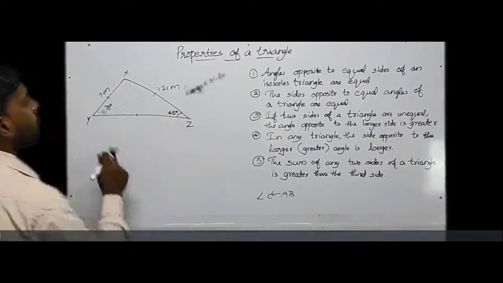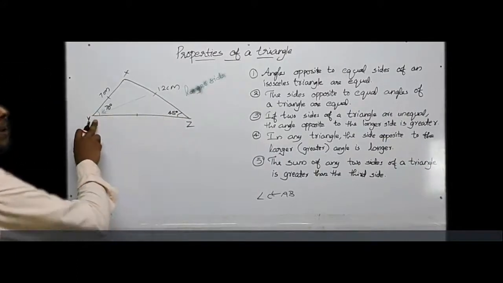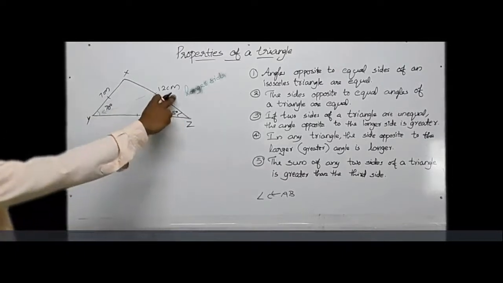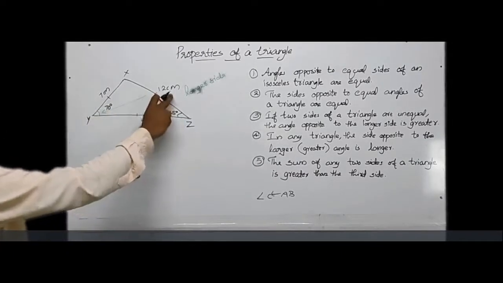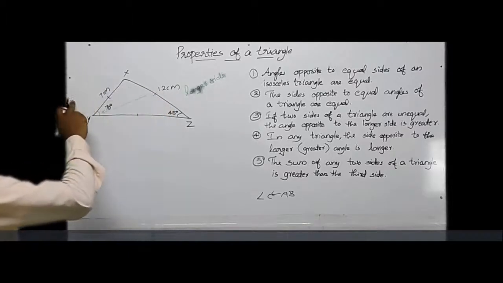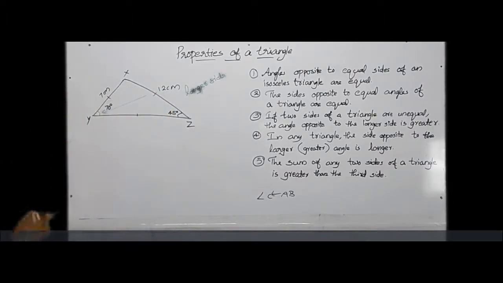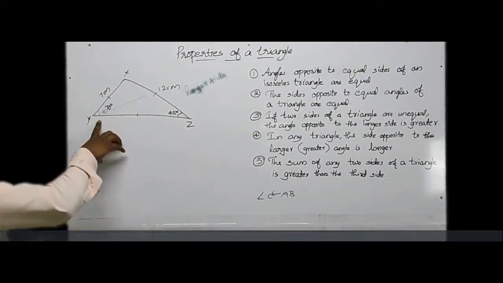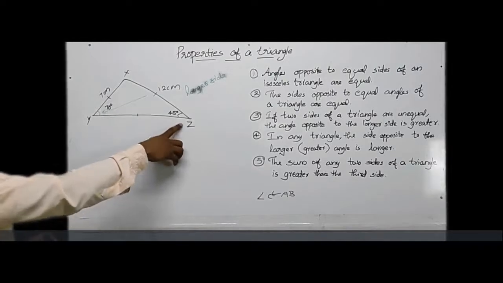Now the question is why angle Y is greater than Z? It's because its opposite side is longer than the other given side. So let me say it once again. Why is angle Y 70 degree, more than angle Z?